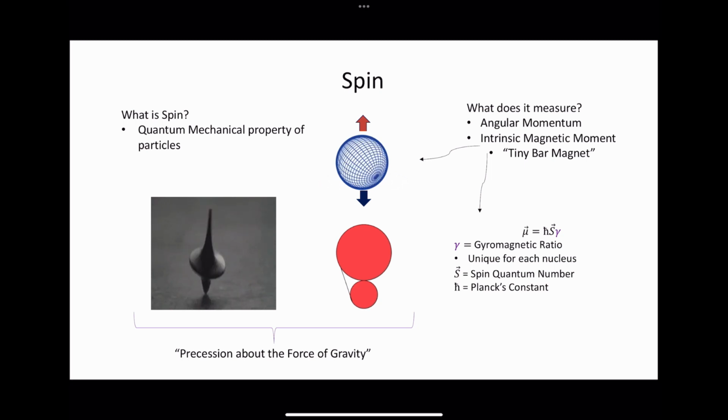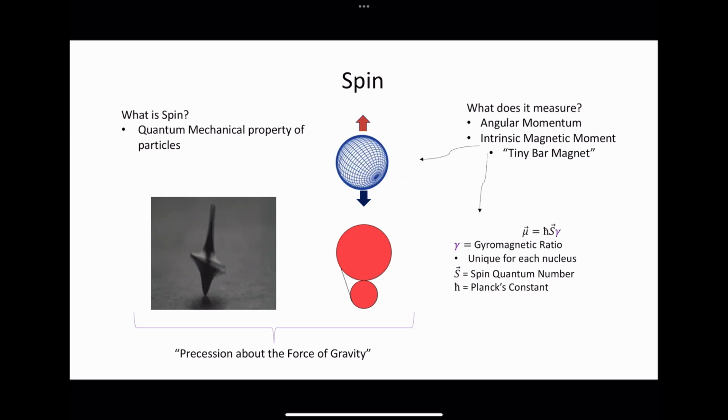The spin equation incorporates the spin quantum number, Planck's constant, and the gyromagnetic ratio, represented by gamma in purple, which is a unique number for each specific nucleus. In MRI, the gyromagnetic ratio is fundamental because it governs how quickly protons precess in the strong magnetic field, influencing the resonance frequency and the ability to detect signals used to create images of bodily tissues.